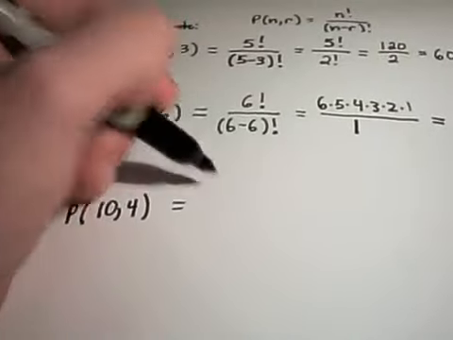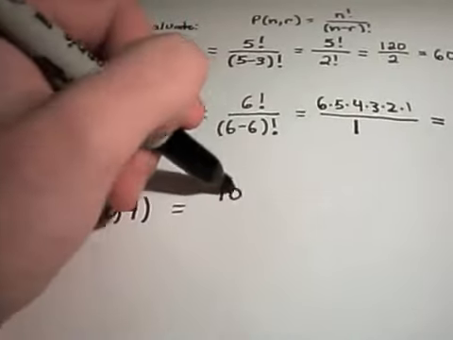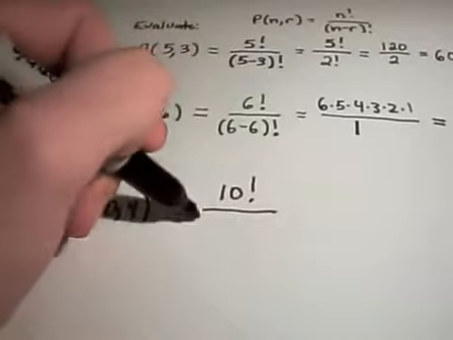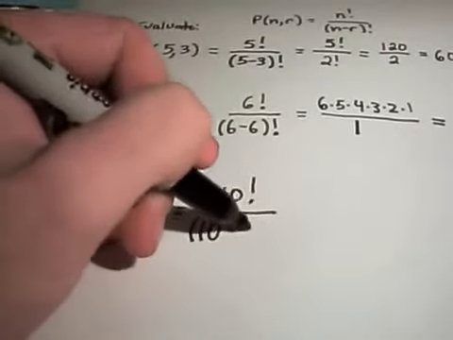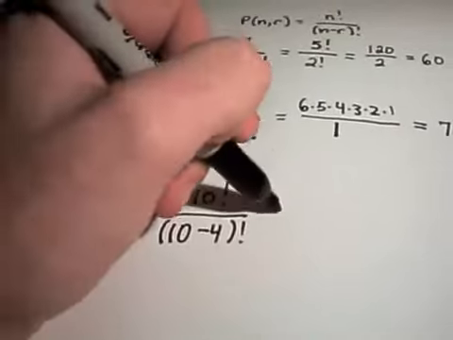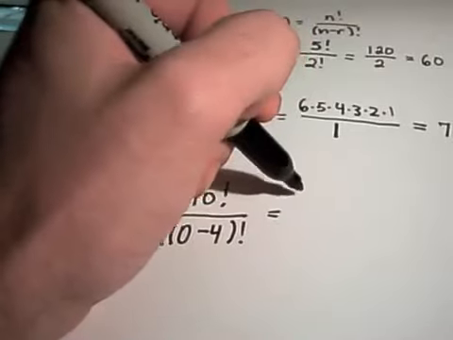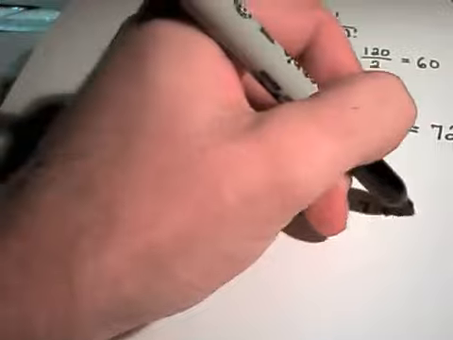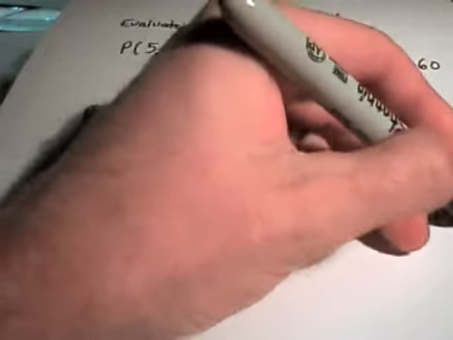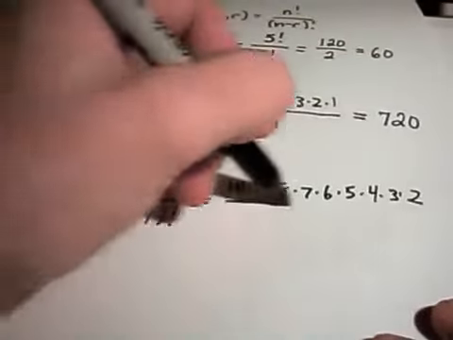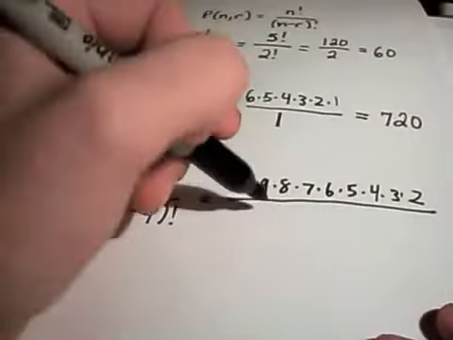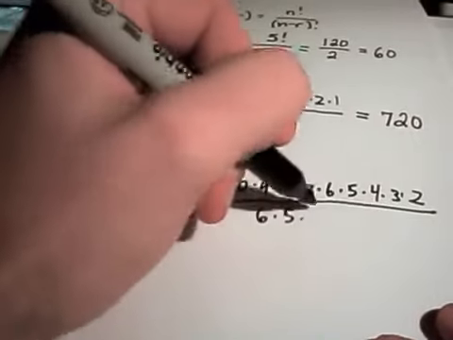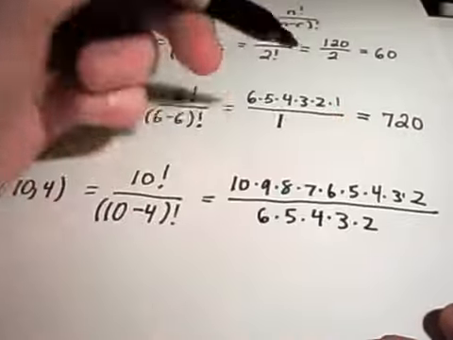And our last one, we would have 10 factorial. Again, we have to subtract them, 10 minus 4 factorial. This is 10 times 9 times 8 times 7 times 6 times 5 times 4 times 3 times 2 on top. On the bottom, 10 minus 4 is 6 factorial. So I have 6 times 5 times 4 times 3 times 2.